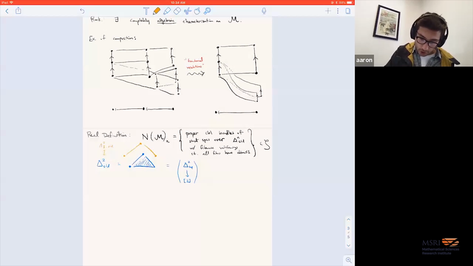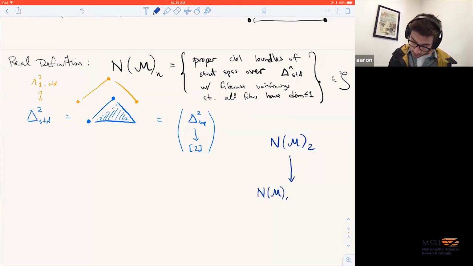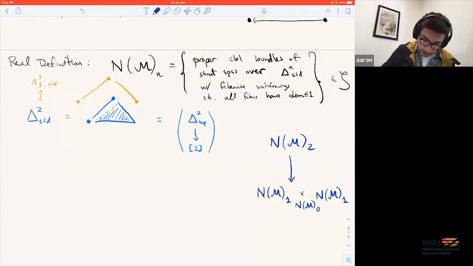So the assertion that this defines an infinity category in particular is the assertion that for the space of such bundles over the standardly stratified 2-simplex, there's this forgetful map to the space of compatible pairs of 1-morphisms. And part of the assertion is that that map is an equivalence of spaces.